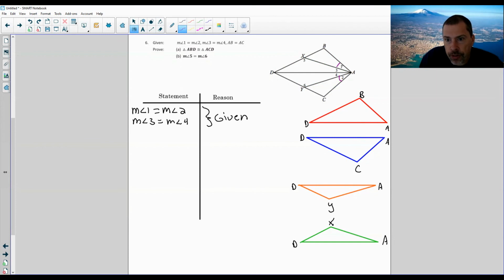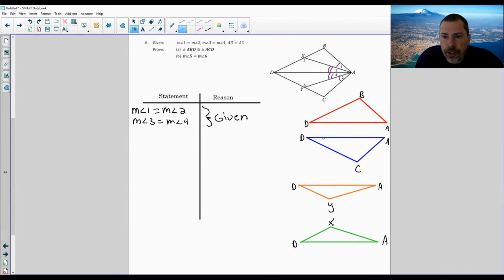Angle 1 didn't come from any triangles I've just created. 1 is DAB minus angle 3, but I do not have this little triangle out here formed, and I don't know if I'll use it yet or not. So I'm not going to label anything down here. Angle 1 would have been a portion of this, or it would have been the little piece up here where this side comes over here. So angle 1's over here. Angle 3 is congruent to 4.